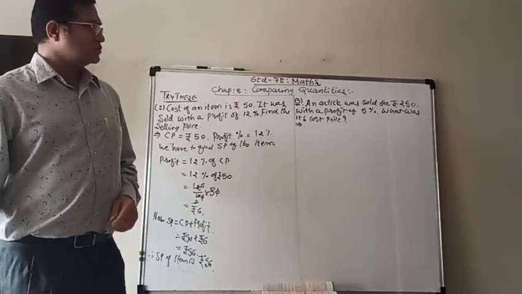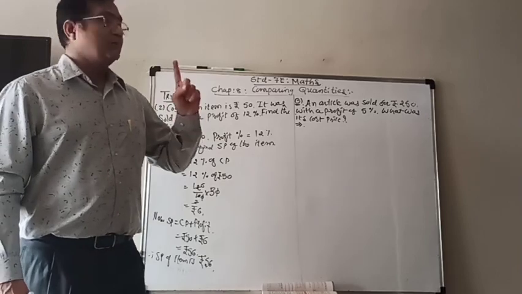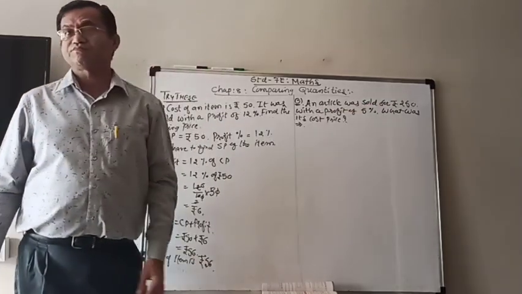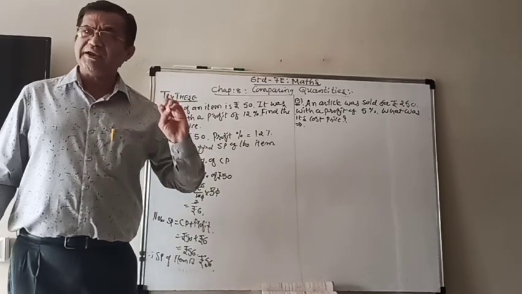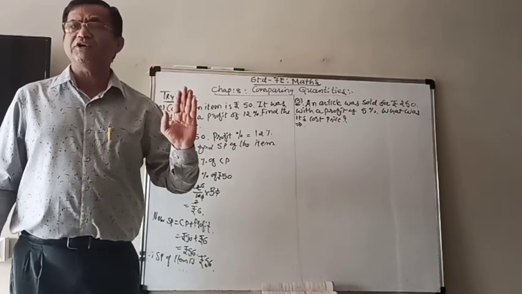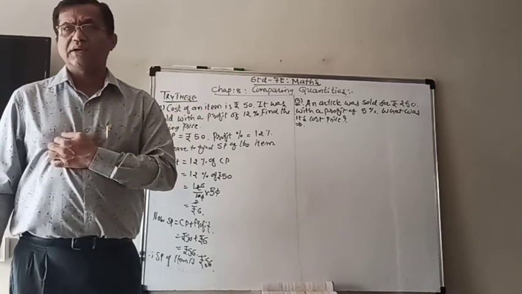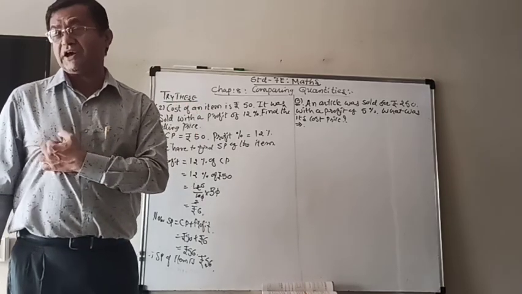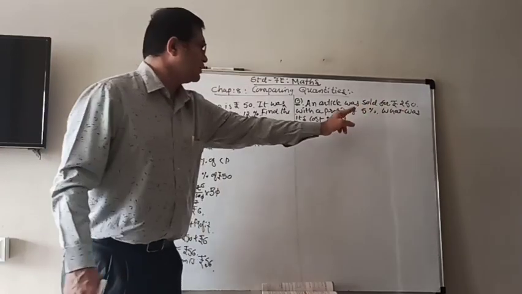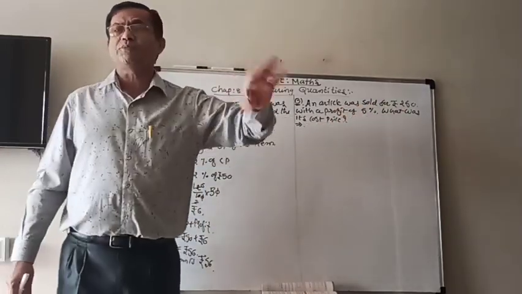So now don't make a mistake that 5% of 250, because when you don't read the question carefully, you will do that. Most of the students do that in a hurry. They just see what is the amount here, what is the percent, then 5% of 250.